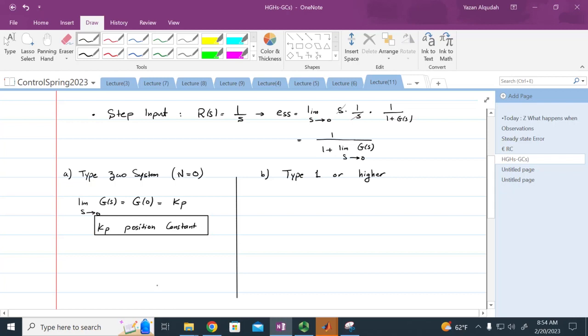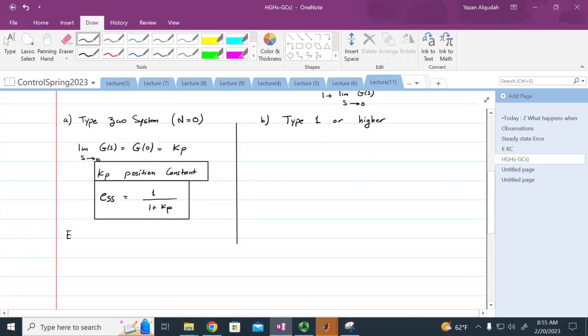And therefore, the steady state error is just going to equal 1 over 1 plus Kp. Agreement?